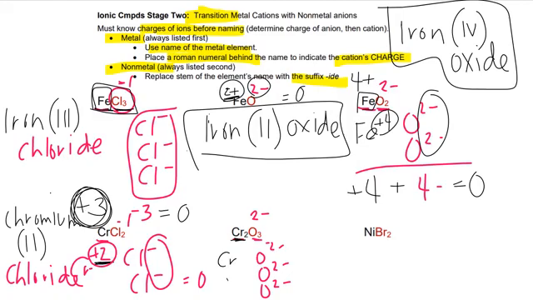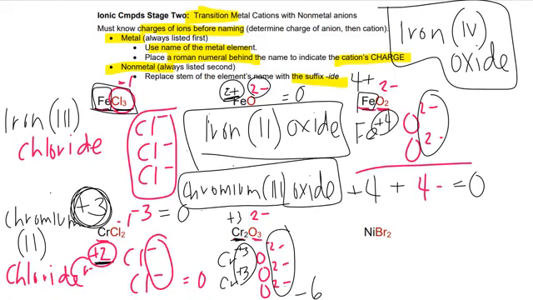So I've got a Cr and a Cr, and I don't know what its charge is, but I do know that both charges need to total up to +6 to cancel the -2, -4, -6. So what must this be? Well, a +3 and a +3 would give me a +6, right? So chromium must be +3. So it'd be chromium 3 oxide. And there we go.